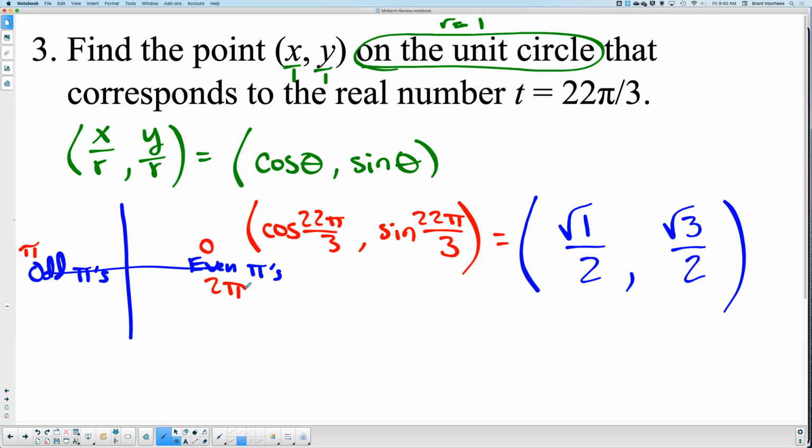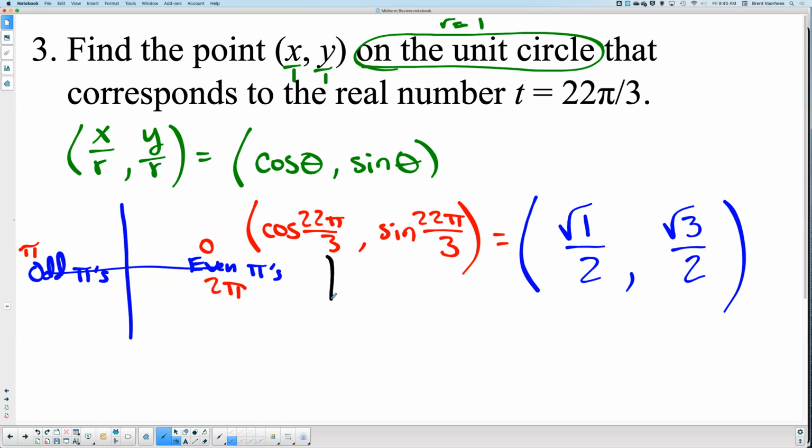Now, let's start with 22 over 3. How many whole pi's is it closest to? It's closest to 7. 7 pi's would be 21 pi over 3. You see how it's closest to 7 pi? Let me put that note there.